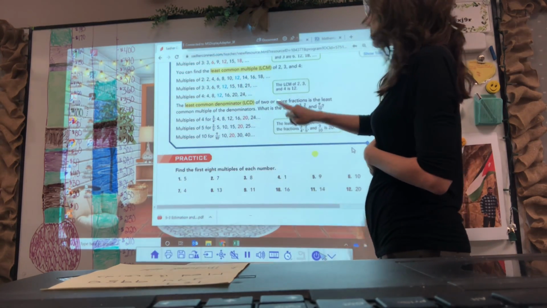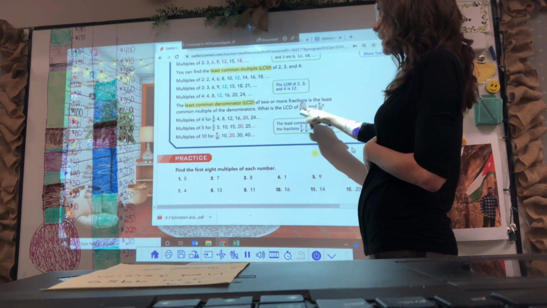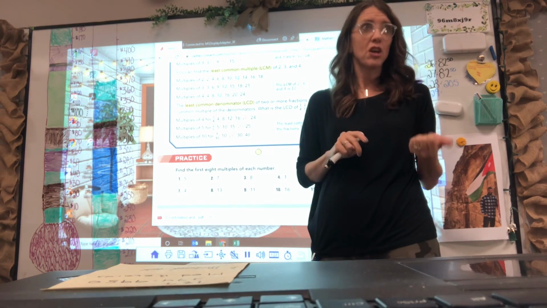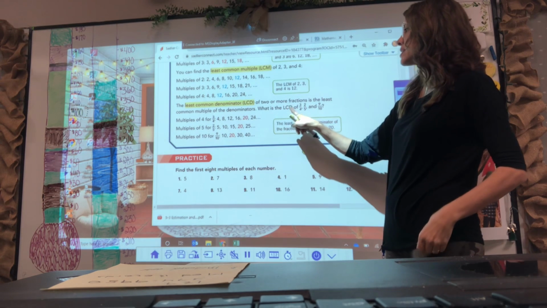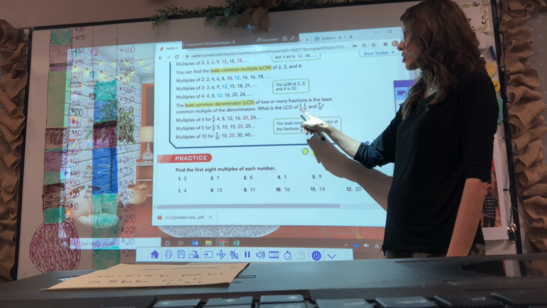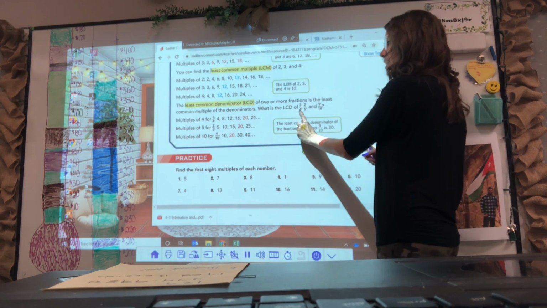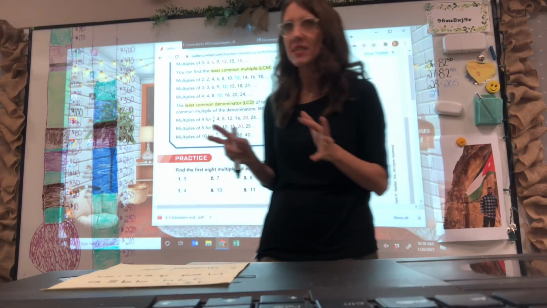Here's how that works. The least common denominator of 2 or more fractions is the least common multiple of the denominators. So, all they're doing is saying, what is the least common denominator of 3/4, 2/5, and 9/10? You want to find the least common denominator because guess what?